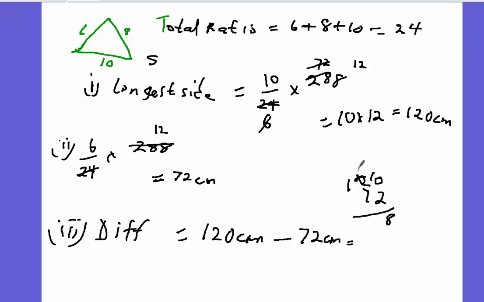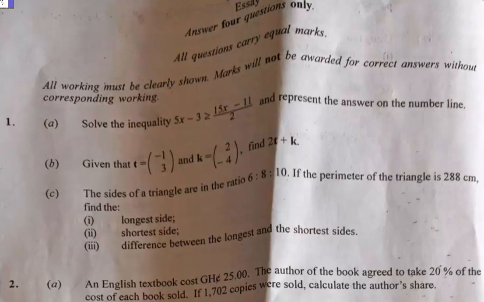Now left with 11. 11 take away 7 is 4. So the difference is 48 centimeters. Good. So that is the answer to the first question.